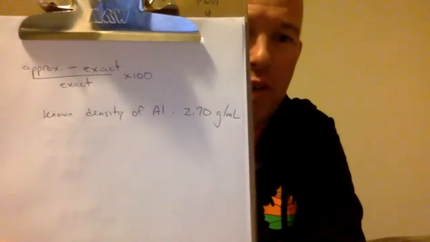So let's say, for example, that the known density of aluminum is 2.70 grams per milliliter. That's just the one I could remember off the top of my head.